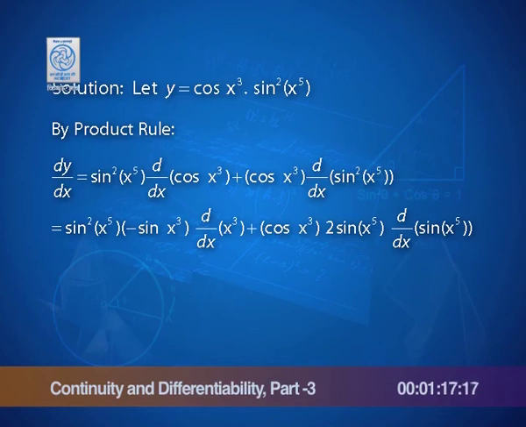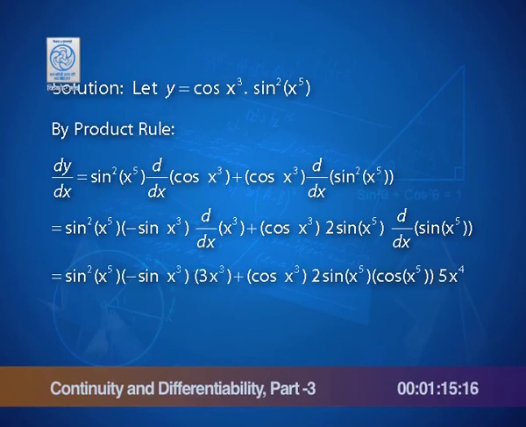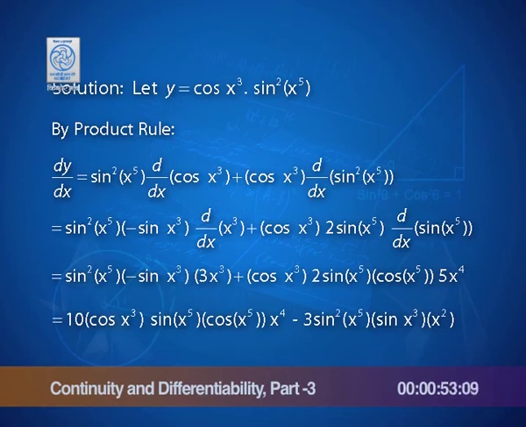Completing the differentiation, we get sine square of x to the power 5 into negative sine of x cube into derivative of x cube giving us 3x square. The second term, you need to just watch out for derivative of sine of x to the power 5, that is nothing but cos x to the power 5 into 5 x to the power 4, again applying the chain rule. What is left is now just a bit of simplification.